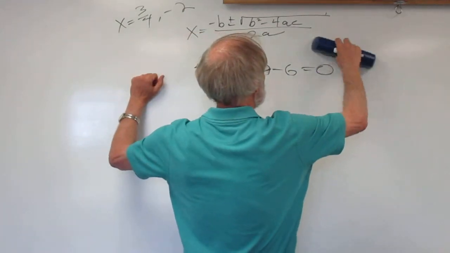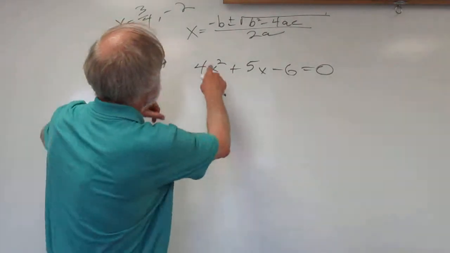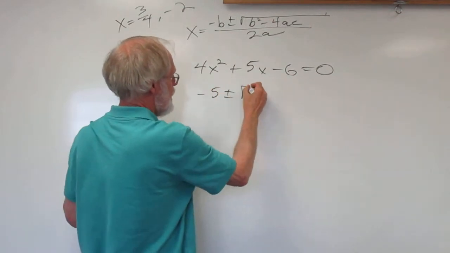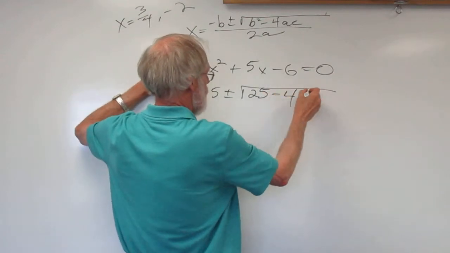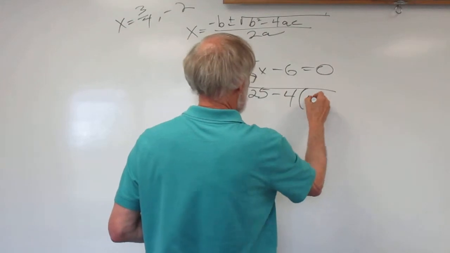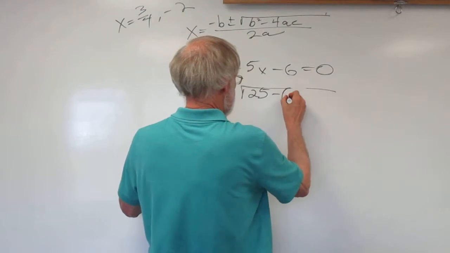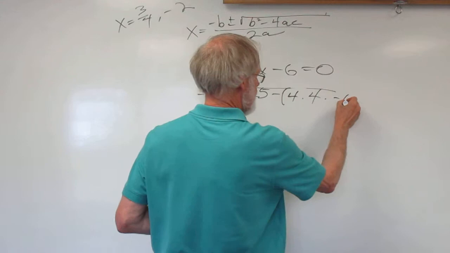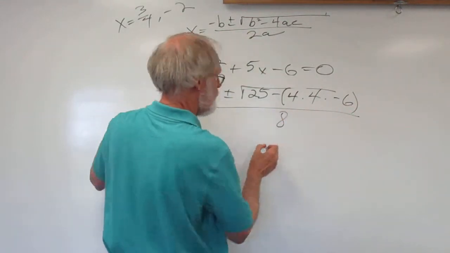And we are now going to take opposite b, so that's negative 5, plus or minus the square root of b squared, which is 25, minus 4 times a, which is 4, times c, which is negative 6, and all of that is over 2 times 4 is 8.